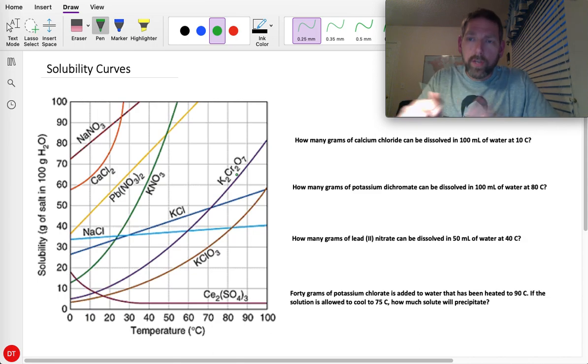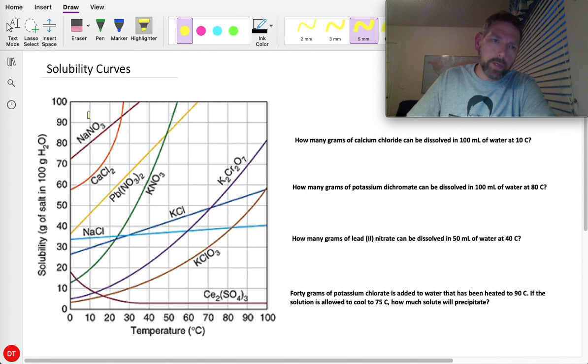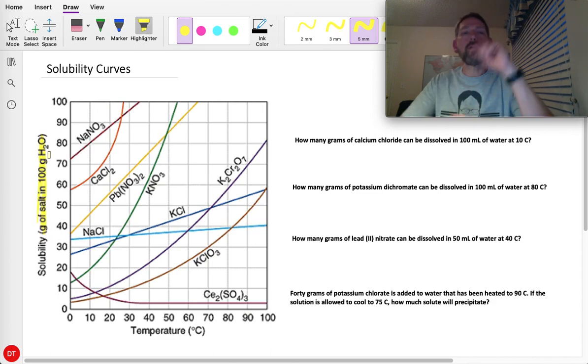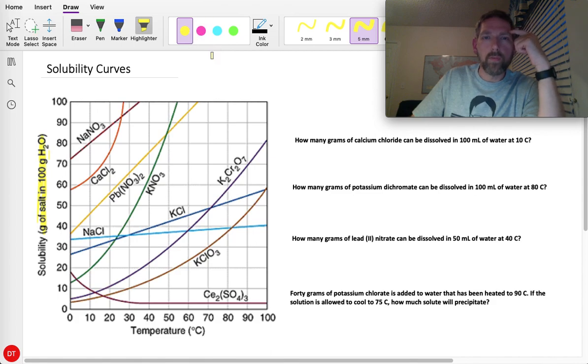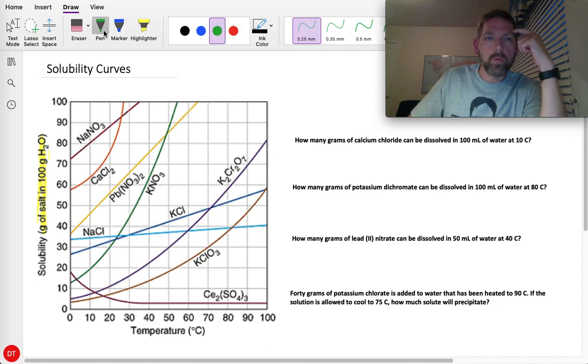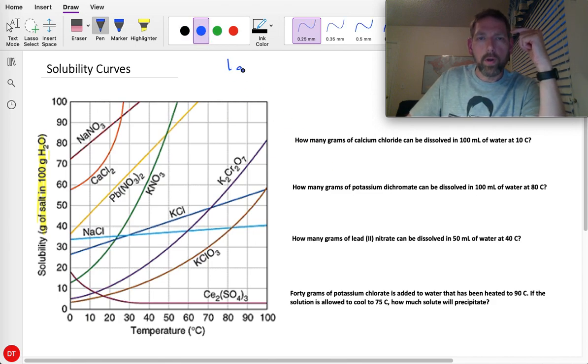All right, let's take a look. So first thing I want you to really pay attention to is, see, there's temperature on the bottom, and degrees Celsius is our unit. And then solubility, and notice it says grams of salt. And then there's a little extra added thing here where it says grams of salt that is in 100 grams of water. So the first thing that you really need to try to remember is that 1 gram of water is equal to 1 milliliter of water.